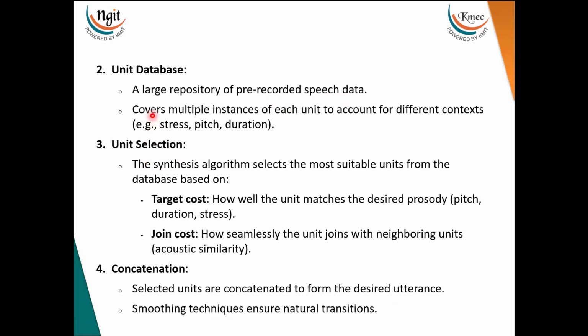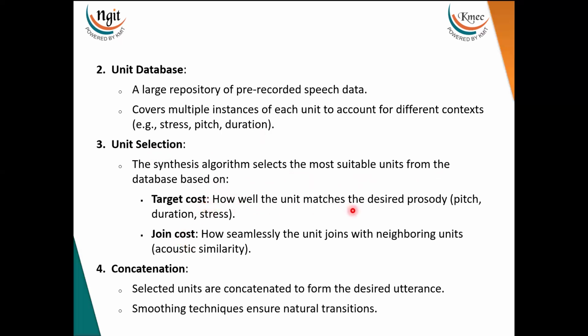Next, which covers multiple instances of each unit to account for different contexts. Examples are stress, pitch, duration. Then unit selection. The synthesis algorithm selects the most suitable units from the database based on target cost and join cost. What is target cost?